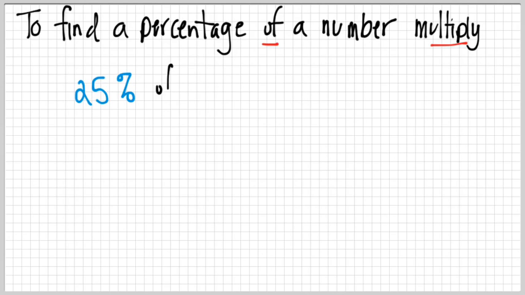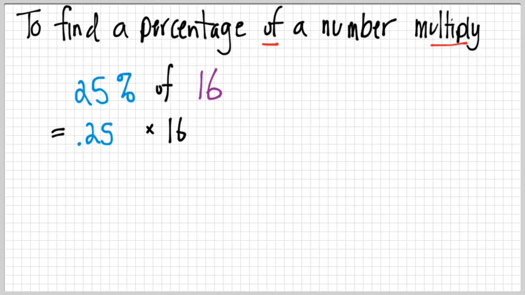Another thing that you'll need to do with percentages is find the percent of a number. You might be asked to find 25% of 16. To do that, we just multiply. 25% of 16 is 25% times 16.